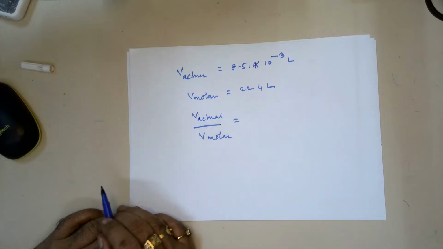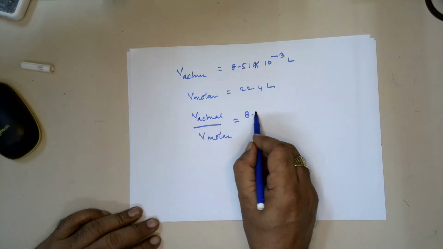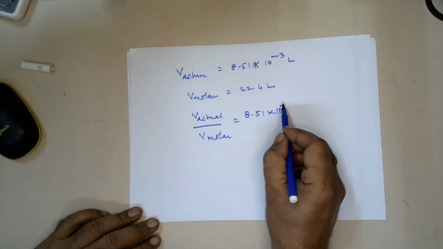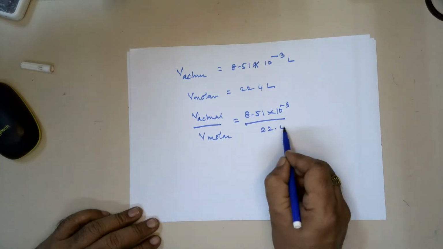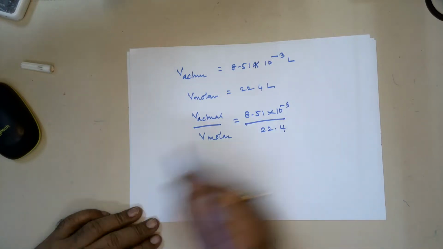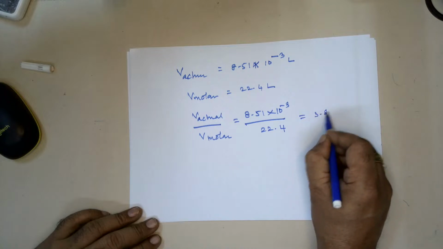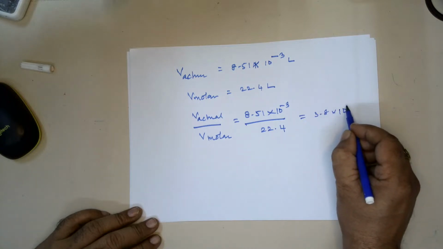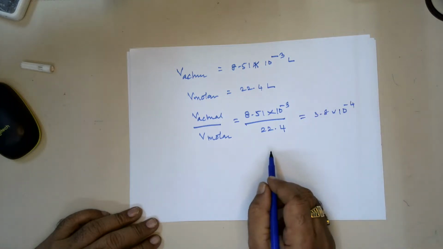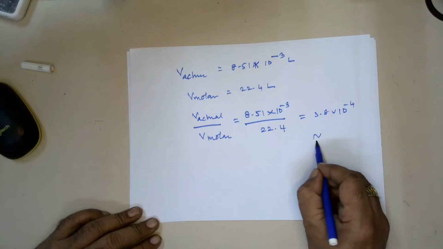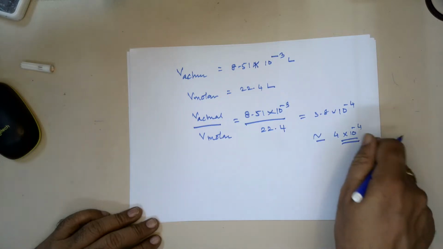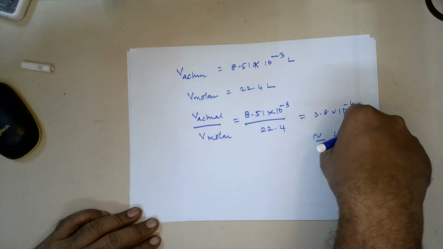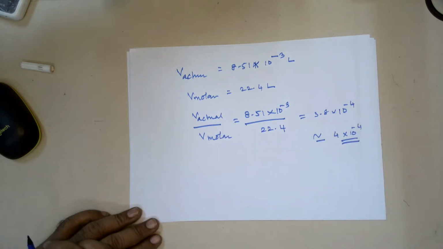So that is given as 8.51 into 10 power minus 3 divided by 22.4 liter. Okay. Now we are able to get 3.8 into 10 power minus 4, roughly 4 into 10 power minus 4. It doesn't have a unit because it is only a fraction. Okay.